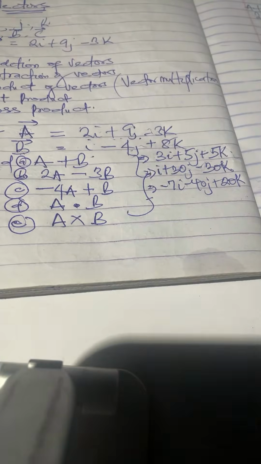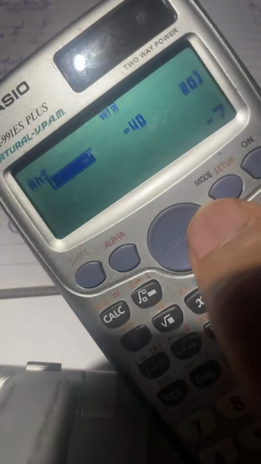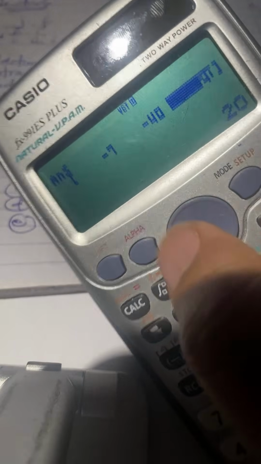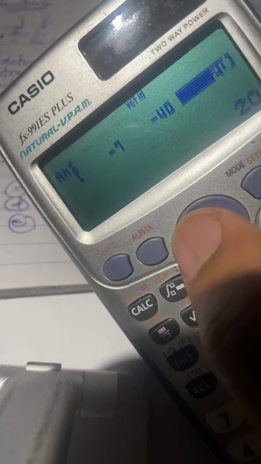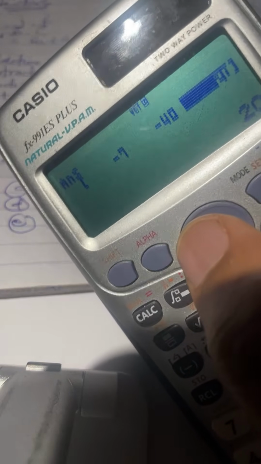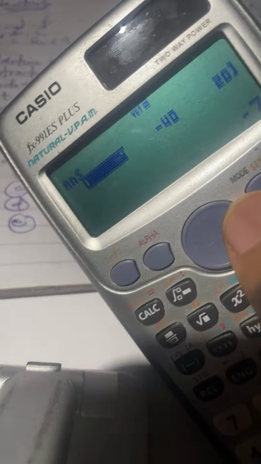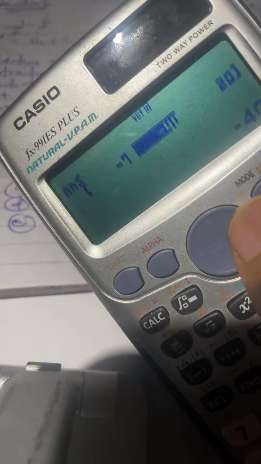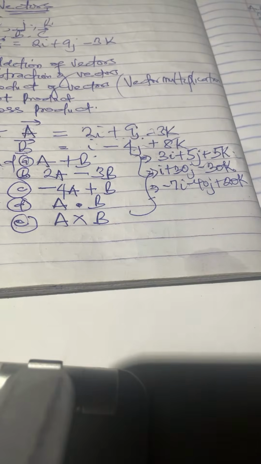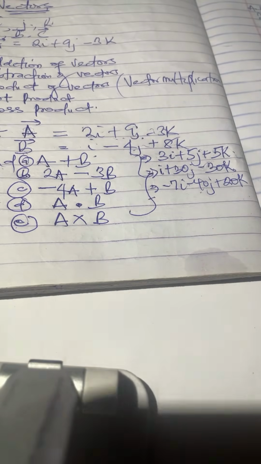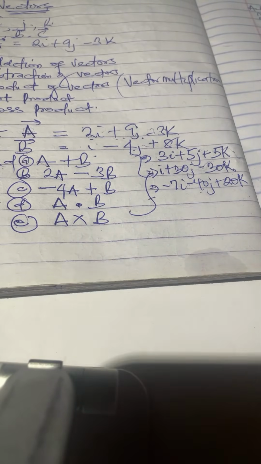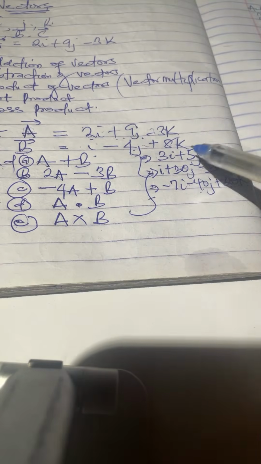Note, if any value here does not carry a sign, just know that it's plus. If it doesn't carry minus, know that it's plus. Look at this one, it carries minus, minus 7. The first one is always i, second is always j, third is always k. This is what you have now. So that is for addition and subtraction.